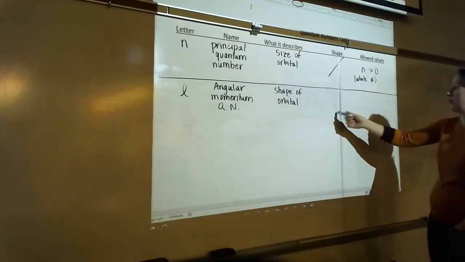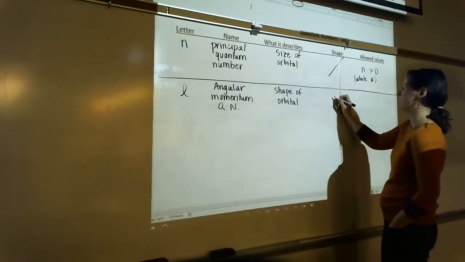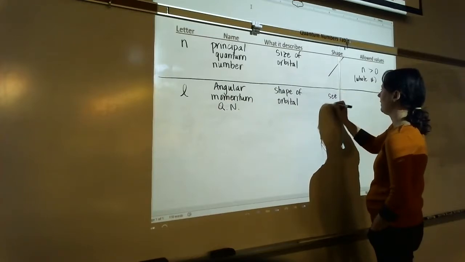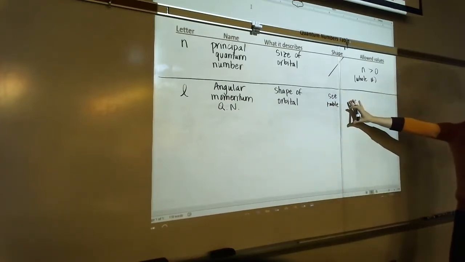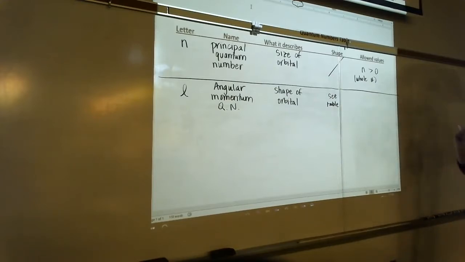And then for this, I think you just put a note, see table. We're going to make a table to fit inside this part right here, so maybe write that on the back.